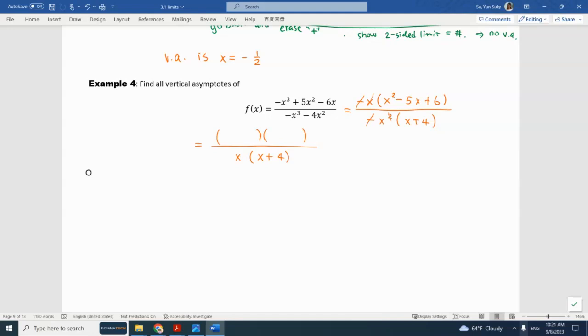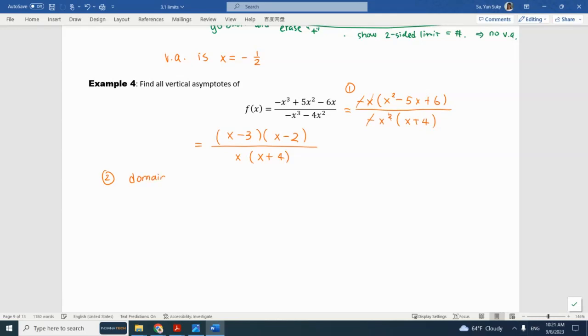Can you factor this? Yeah, very good. Because it's positive x, positive 6, both factors have the same sign. So x minus 3 and x minus 2. Good. Right, everybody? Okay, that's the first step, we factor.